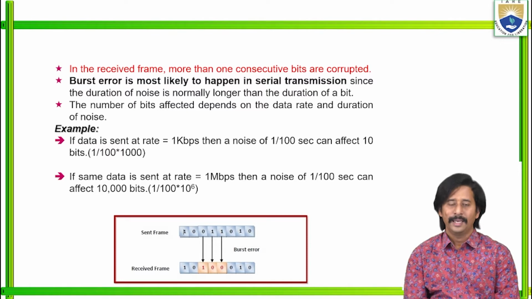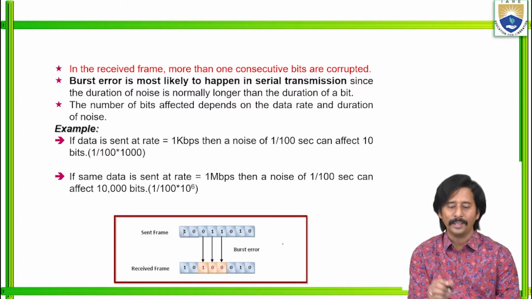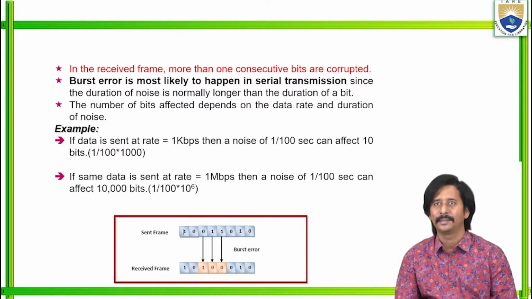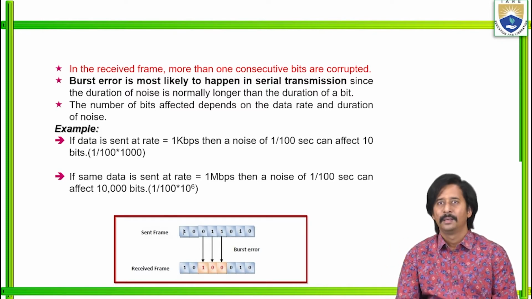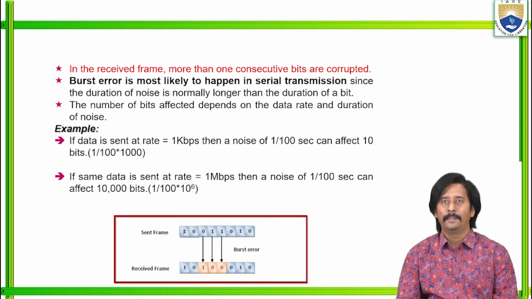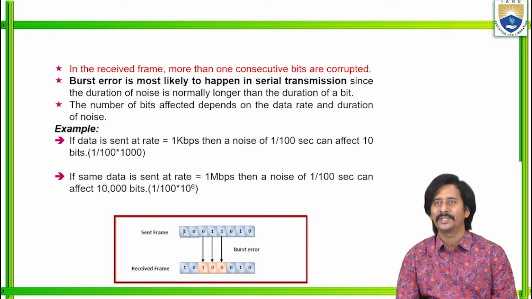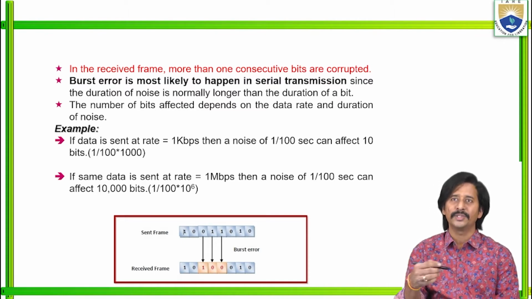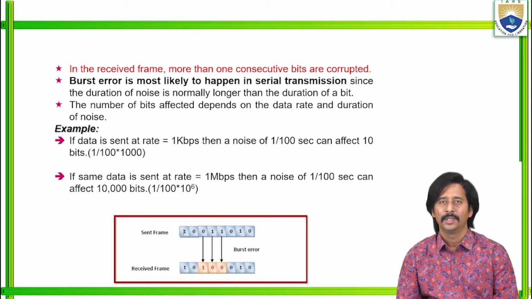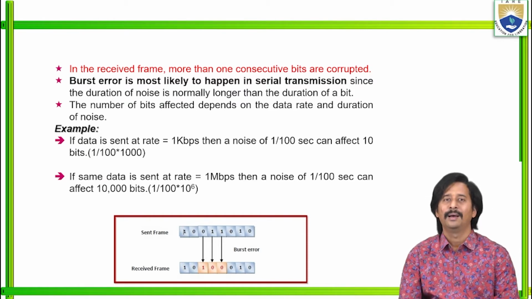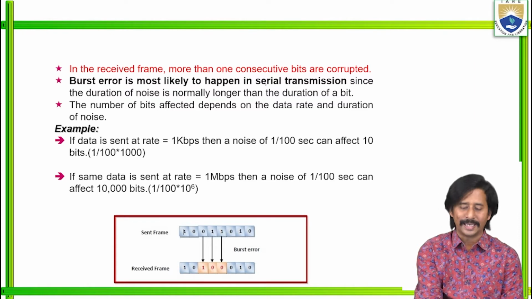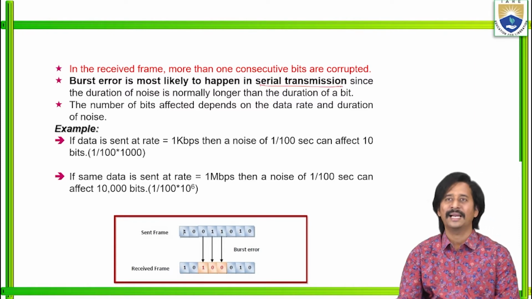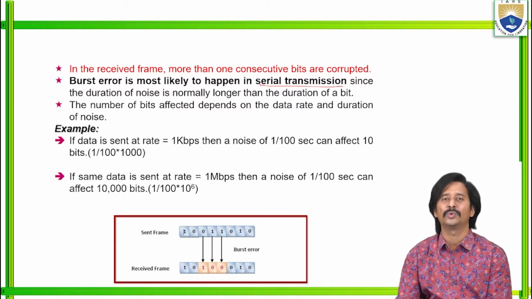So that means in the received frame, more than one consecutive bit is corrupted. See, in case of multiple bit errors, no consecutive bits are corrupted. But in case of burst error, in the received frame, more than one consecutive bit is corrupted. So burst errors are most likely to happen in serial transmission, because in serial transmission, the duration of noise is normally longer than the duration of a bit.